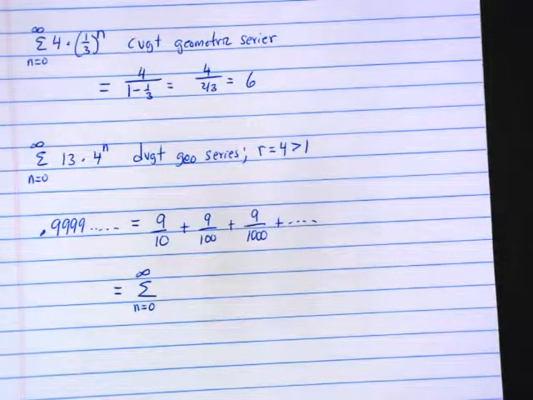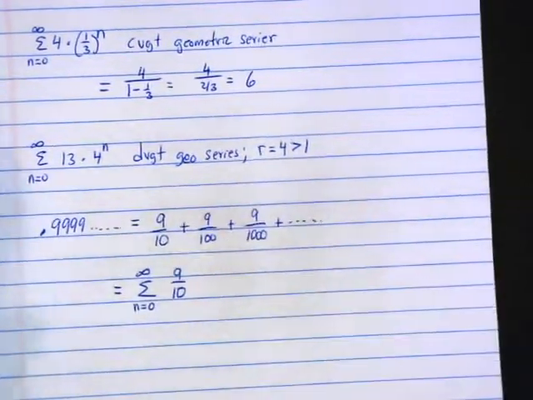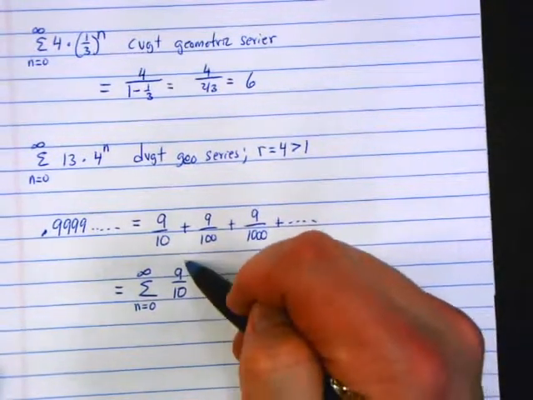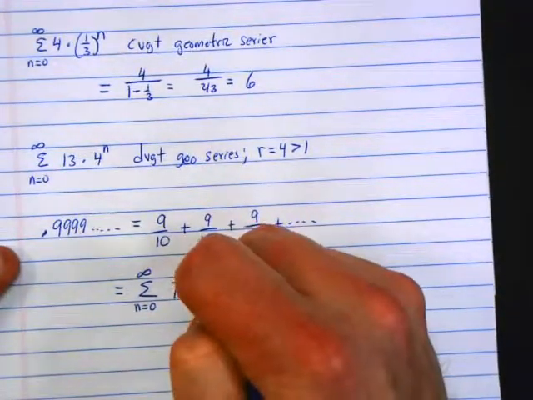Can you write that as a series? Well, what's the a number? Is it 9 over 10 to the n? Just the 10 goes to the n power?